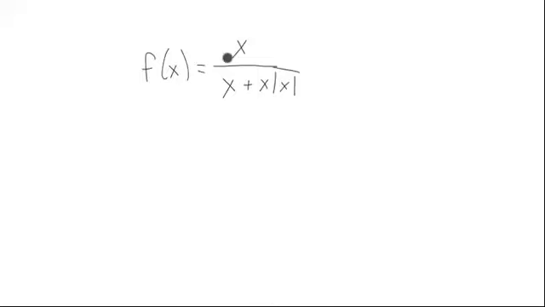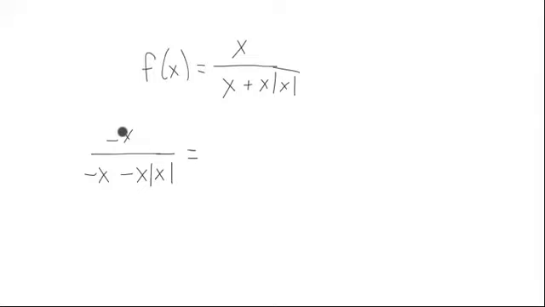Well, let's do the same thing. Let's reflect across the y-axis by replacing x with -x. And notice here the absolute value doesn't affect it, so we may as well just write that.